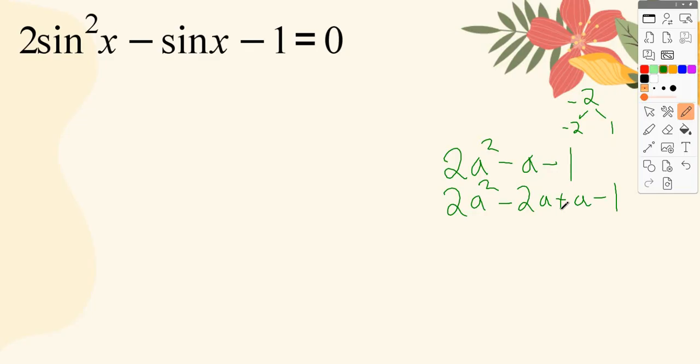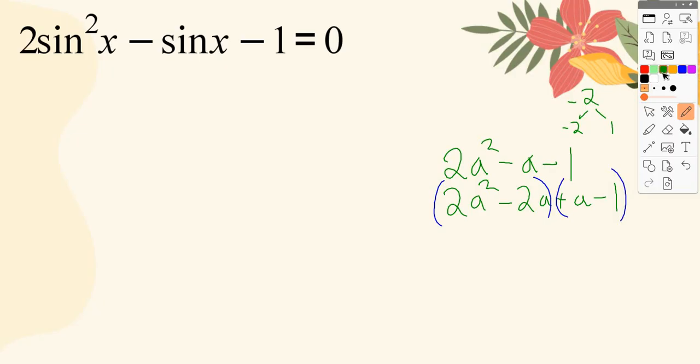Then what do we do? How do we get our 2 factors from that? Put parentheses on one side and the other side. Yeah, we made 2 groups now.